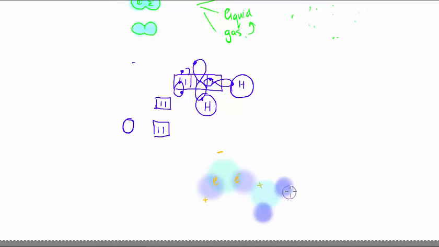So they will try and get away from that one. So this is now, I'm talking about intermolecular forces. What am I talking about when I'm talking about molecules being attracted to one another? It's molecular forces. So this one is now attracted by that one.